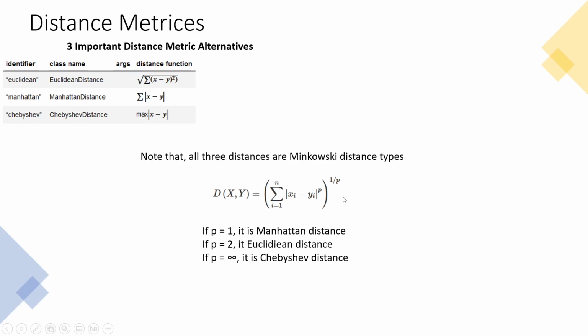Depending on the value of p, if p is 1, you have this formula, and then it is Manhattan distance. If p is 2, then it is Euclidean distance. And if p is infinity, then it is Chebyshev distance.